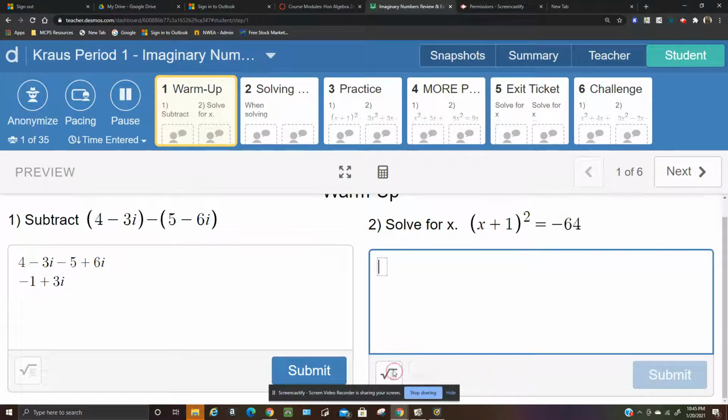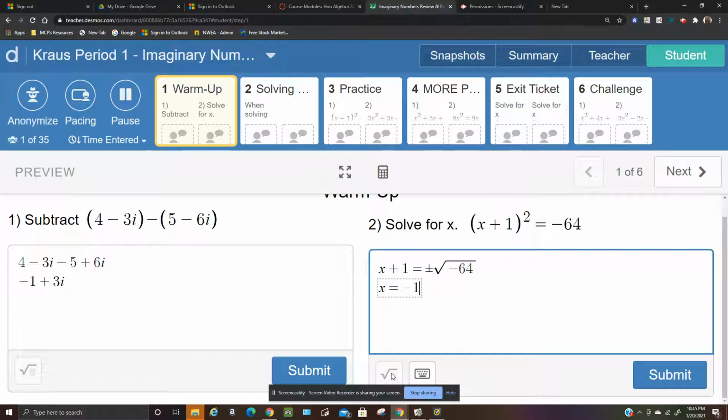This next one, just solve, we want to take the square root of both sides. So plus or minus square root of negative 64. I get negative 1.